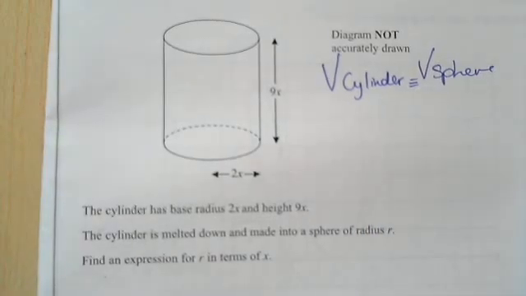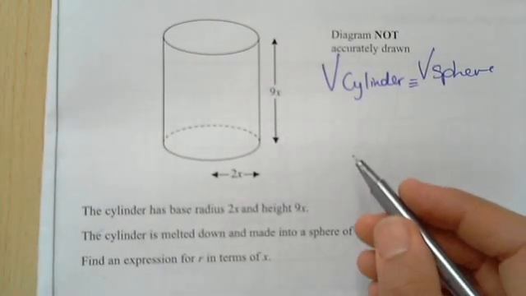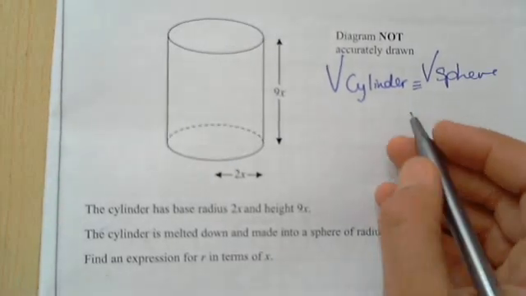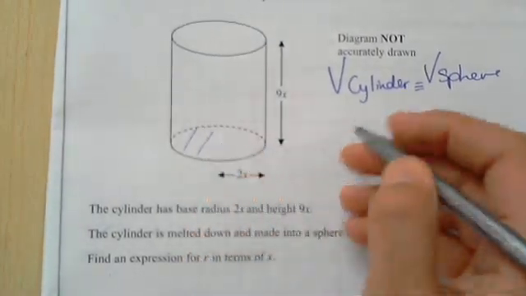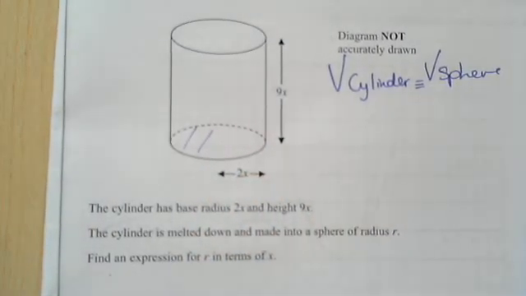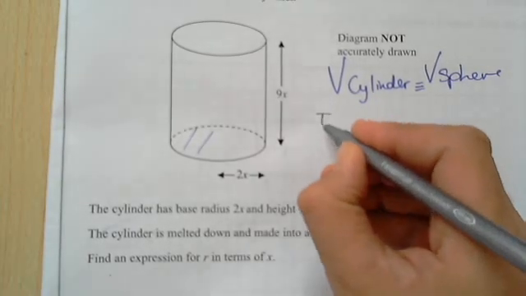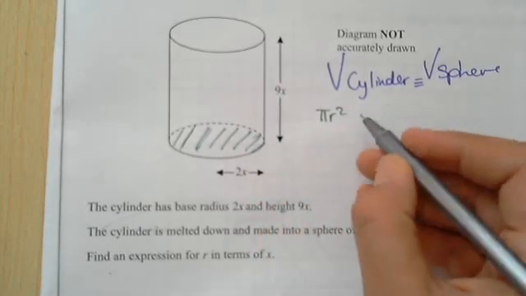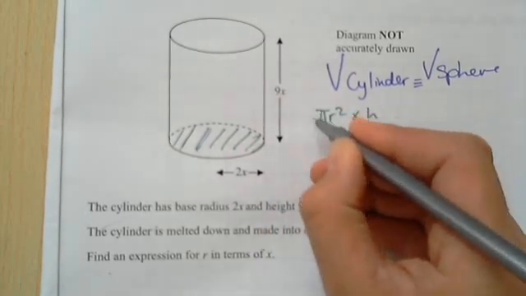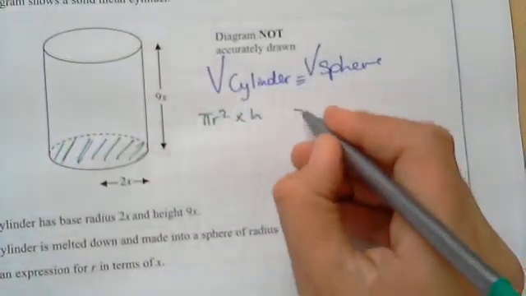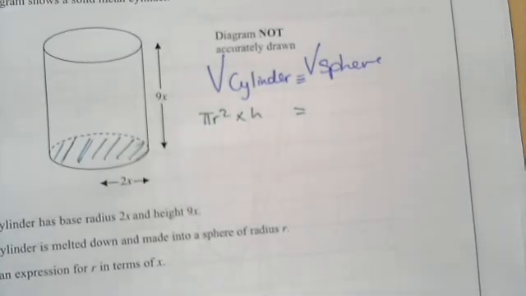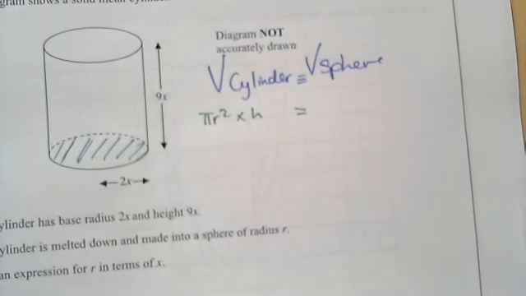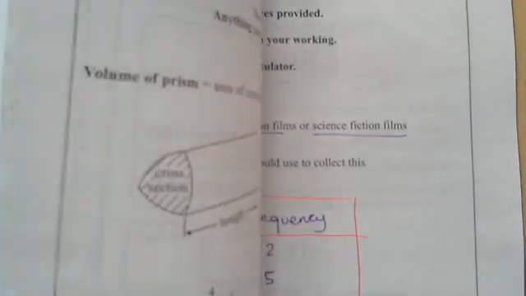Now let's have a look at what the volume of a cylinder is. Volume of a cylinder is equal to the area of the cross section, which is going to be pi r squared. That's the cross section over here, times the height. So at the moment I'm just looking at the original formulas. Now what's the volume of a sphere?